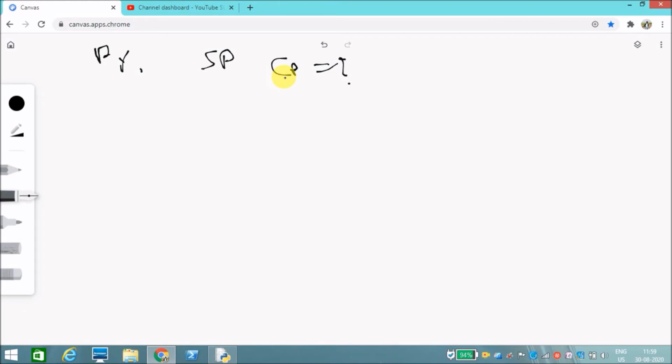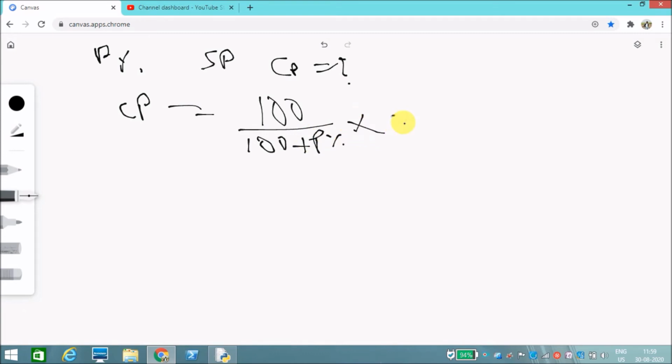Then what can you do? Cost price is equal to, just reverse the calculation, right? 100 by 100 plus profit percentage into selling price.